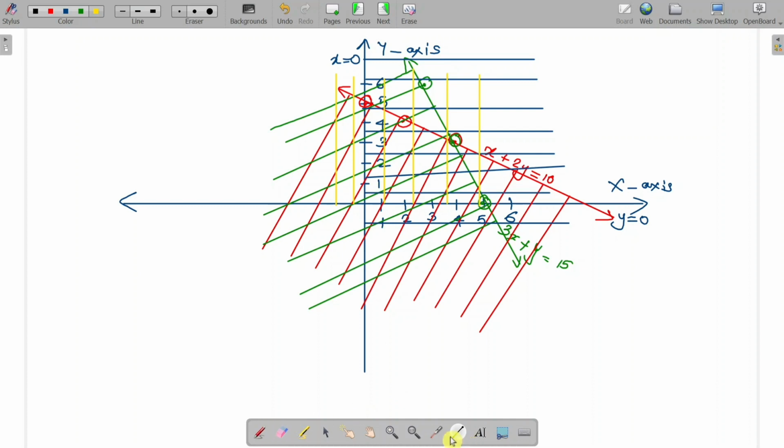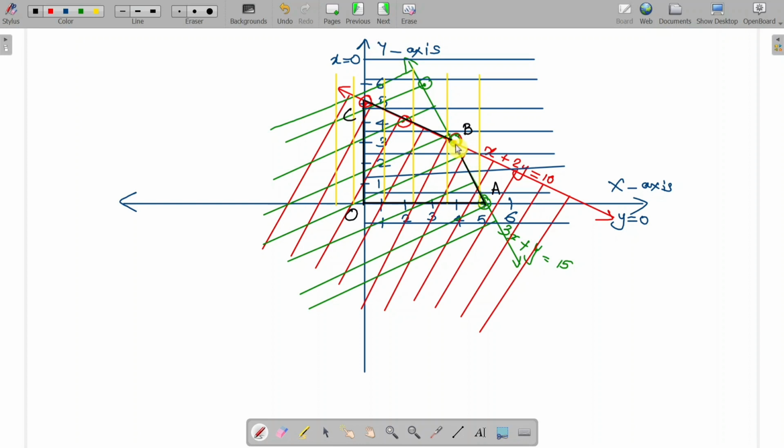So if you look at all the solution regions and take the intersection, then you will get this region here, right? This is the solution region. Let us name the corner points. So this is the origin, we take the letter O, then this is A, this corner point is B, and this is C. Now these corner points we know, A is 5, 0, right?